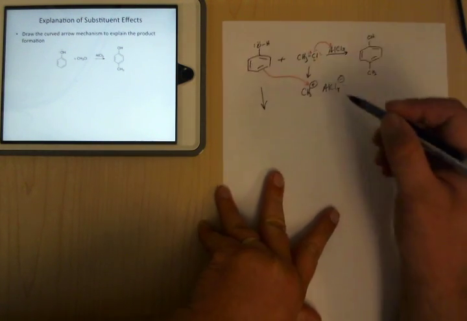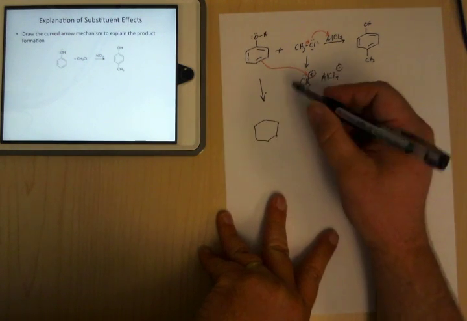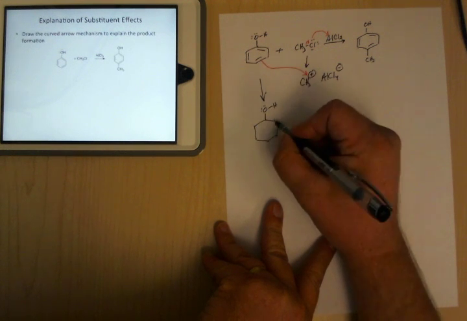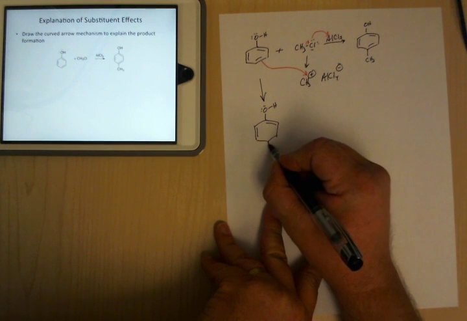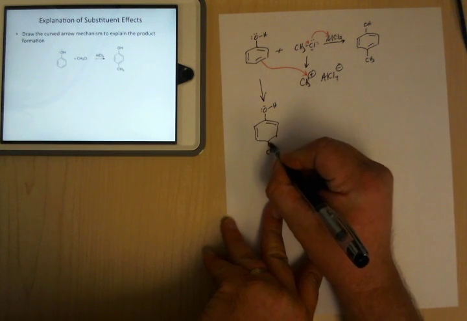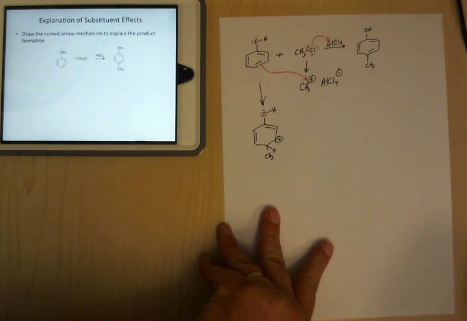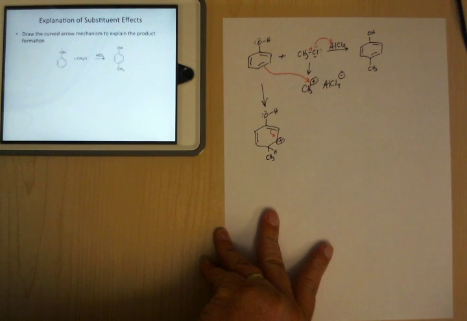That's the technical term, the plus charge thing. So we know that the CH3 is going to go here. That puts the positive charge there, and then again, we're going to have these resonance structures.